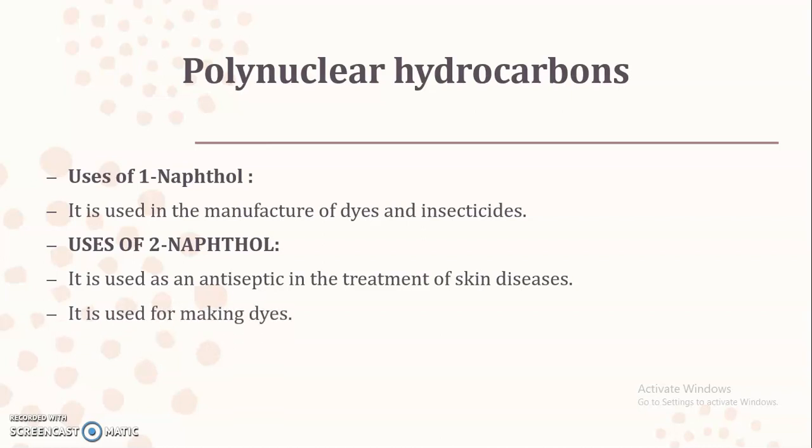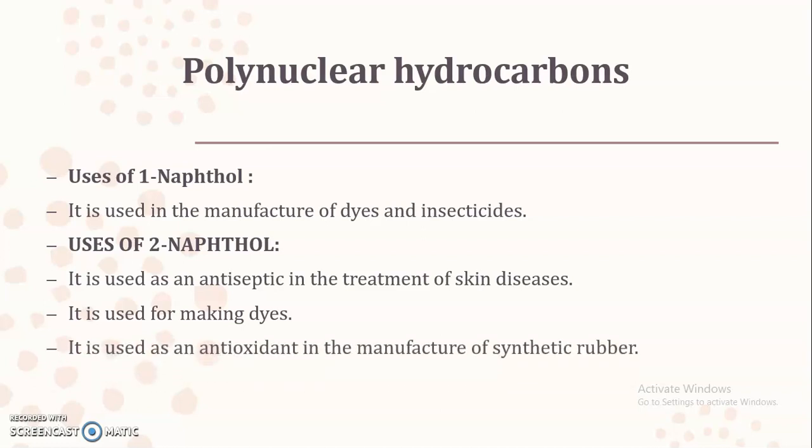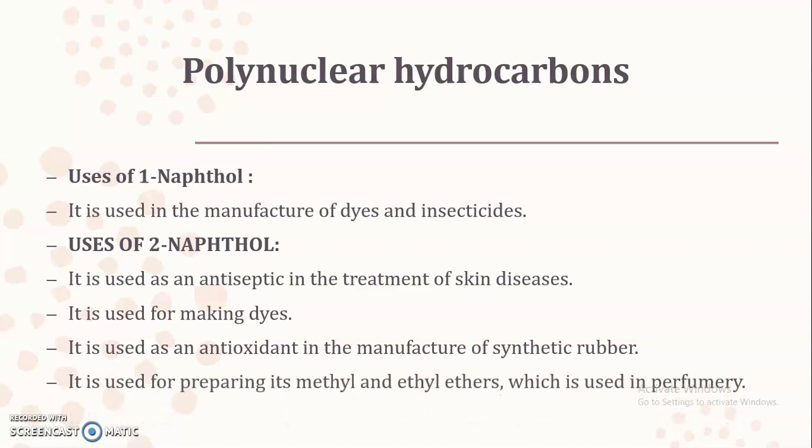Also, it is used for the manufacturing of different dyes. Also, it is used as an antioxidant in the manufacture of synthetic rubber. Then it is used for preparing its methyl and ethyl ethers, which are used in the perfume industry. So these are the various uses of 2-naphthol.